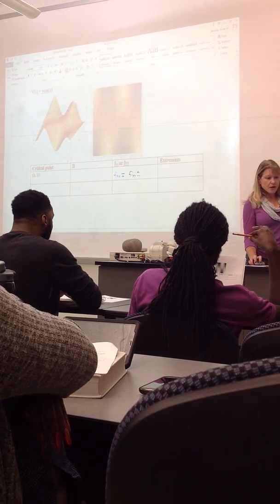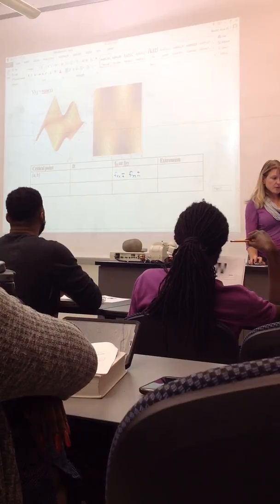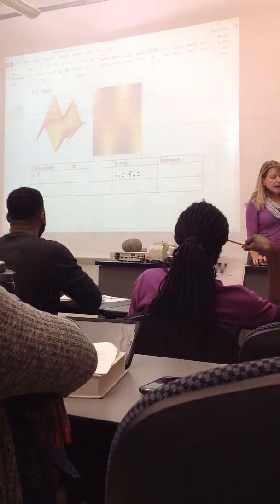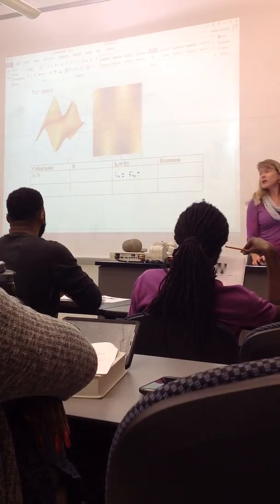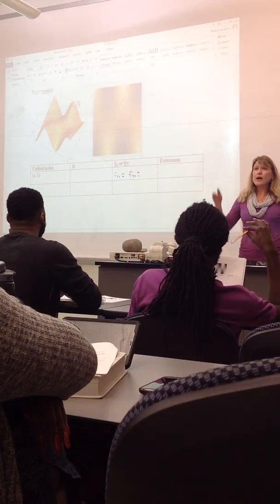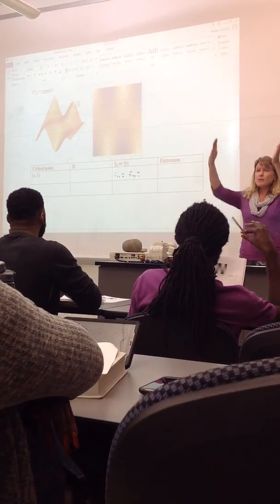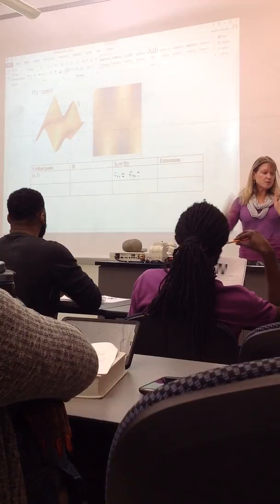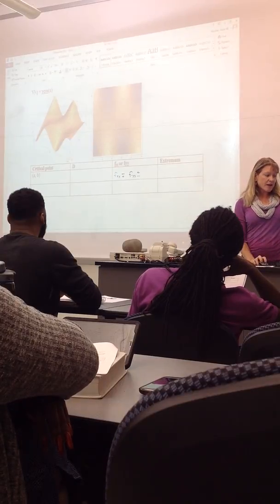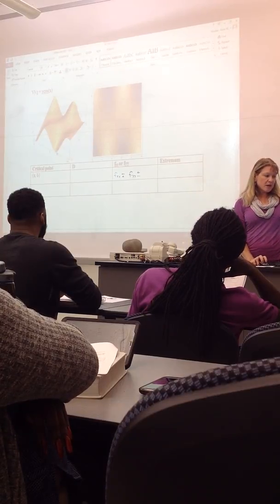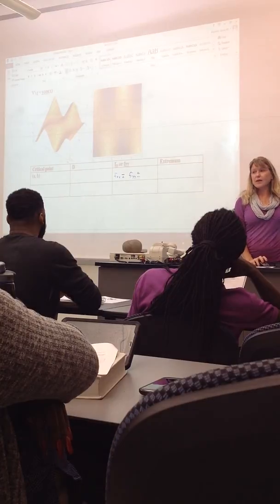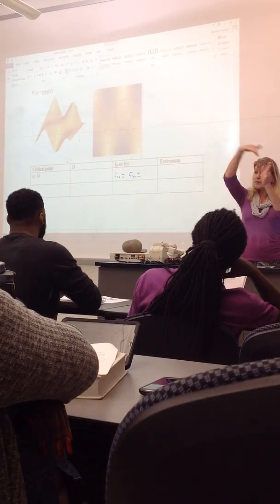When we get to this one, I'll point out: if you decided to cut this particular graph, like you decided, okay, these are my boundaries, my graph only exists within these boundaries, then you would have a maximum here, and a minimum here, and a maximum here on the border.